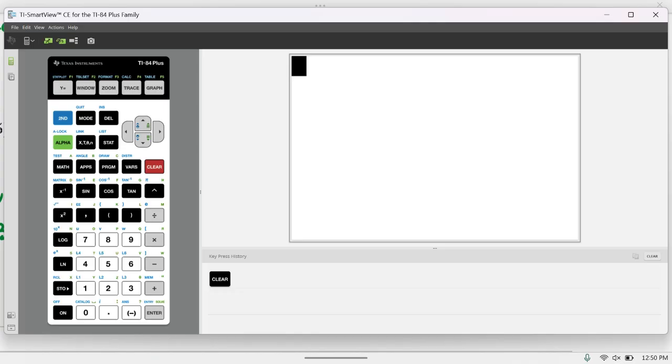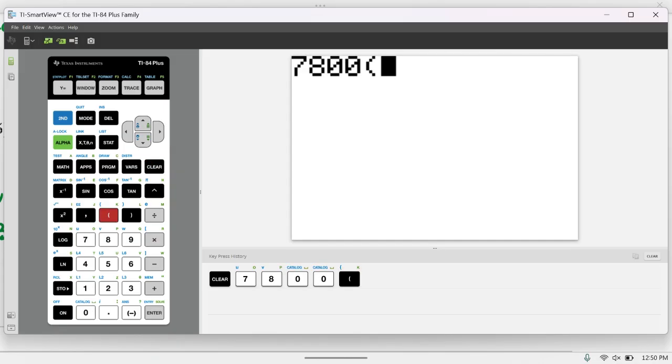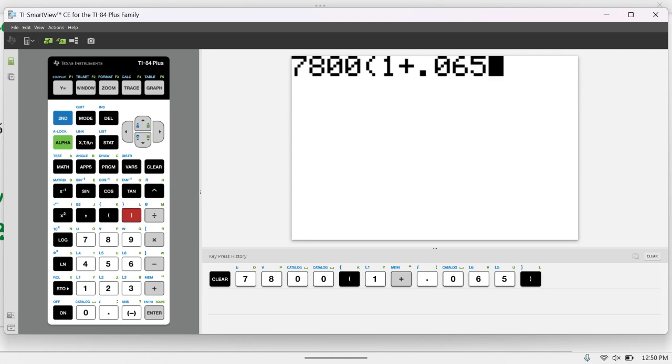So here's what it would look like in your regular calculator. I'm just going to type it in verbatim, making sure that the parentheses are where we wrote them in the formula. So I have 7,800 times 1 plus, you don't even have to do the addition yet, 0.065, and it's going to be raised.